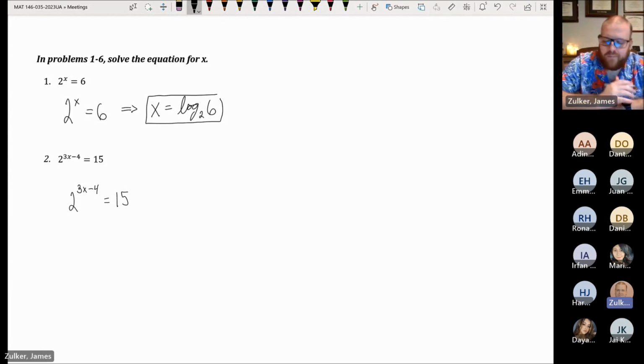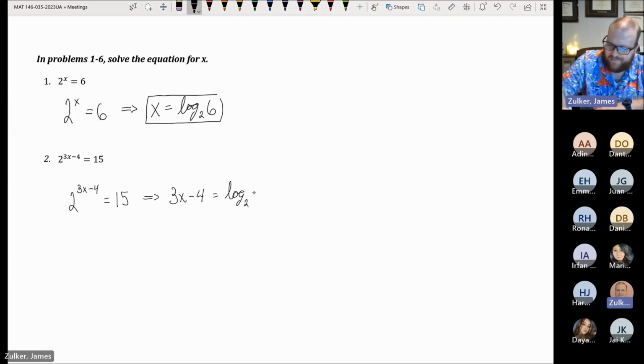Same idea here. Now we have a simple linear equation. Well, they're very easy to solve, right? Add 4 to both sides.